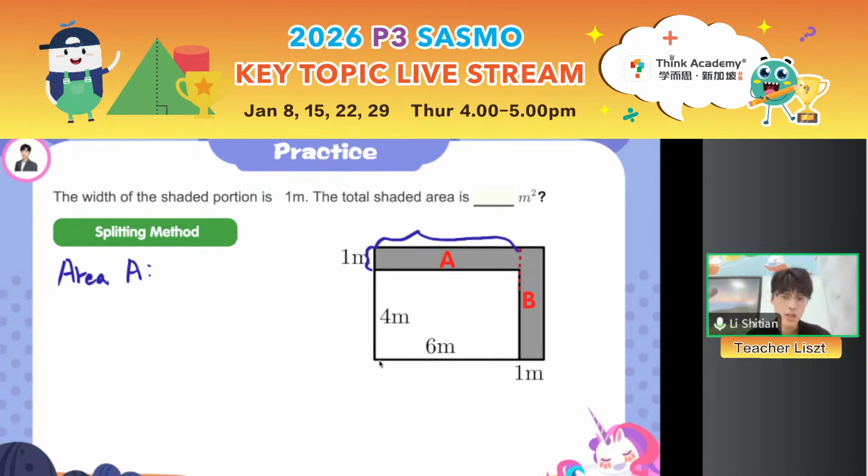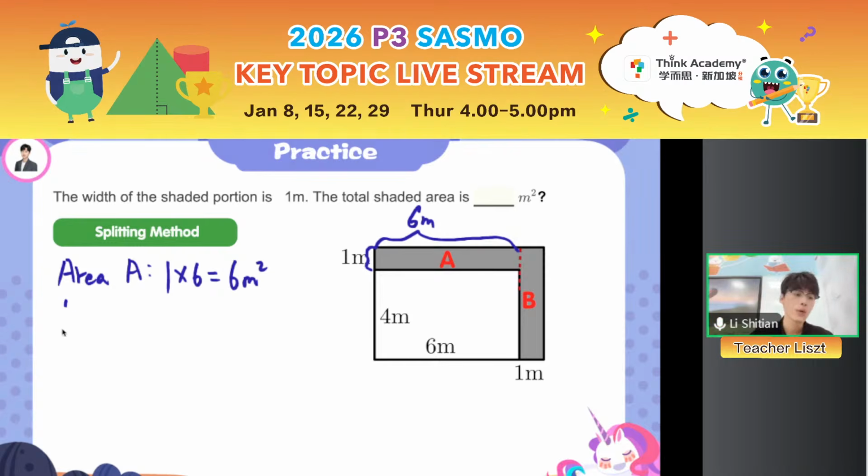Because the question told us that this line is equal to 6 meters. So we know the breadth, we know the length. Can you guys find out the area of it? Of course, right? We can use breadth times length, then we find the answer, which is 6 meters squared.